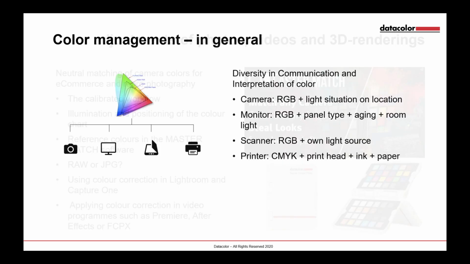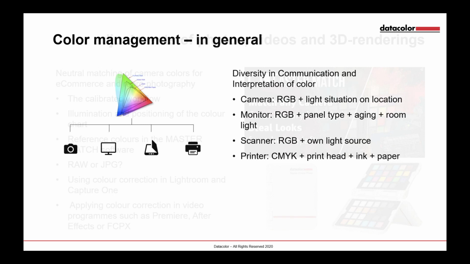Okay, let's start. We are on the first webinar today, September 14th. We have an agenda. We talk a little bit about the calibrated workflow, and then how you illuminate and position the color reference cards. Afterwards, Robin will show us the reference colors in MasterMatch software.